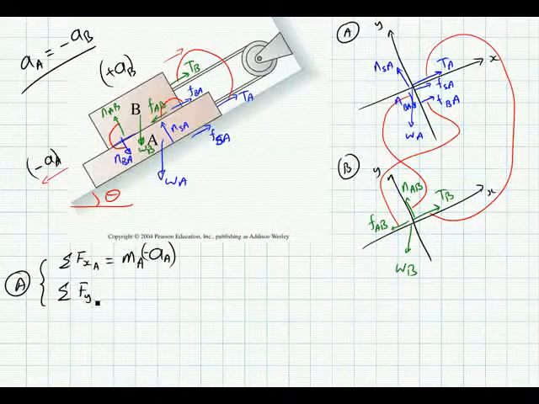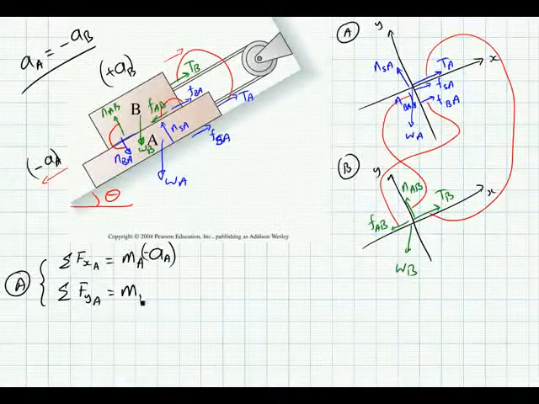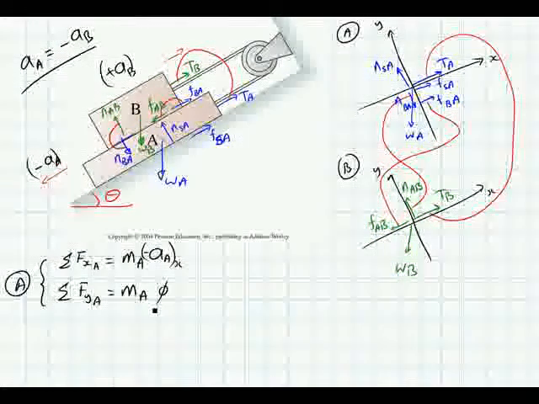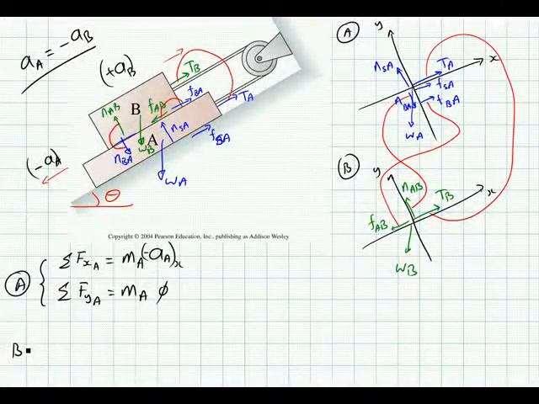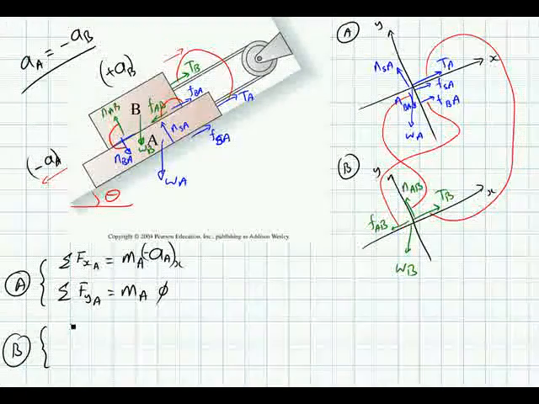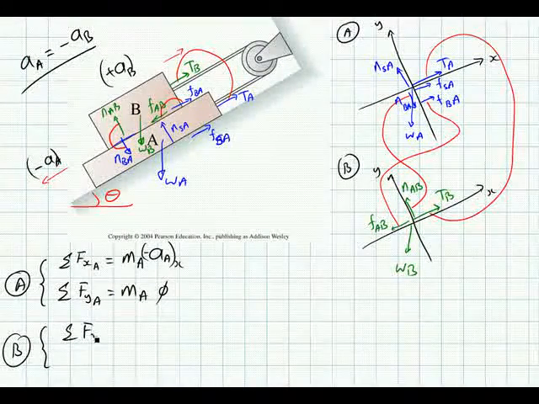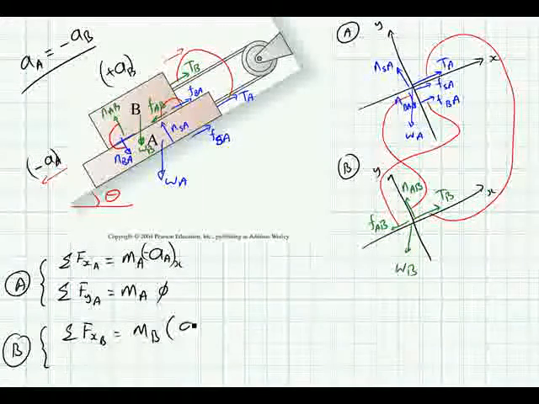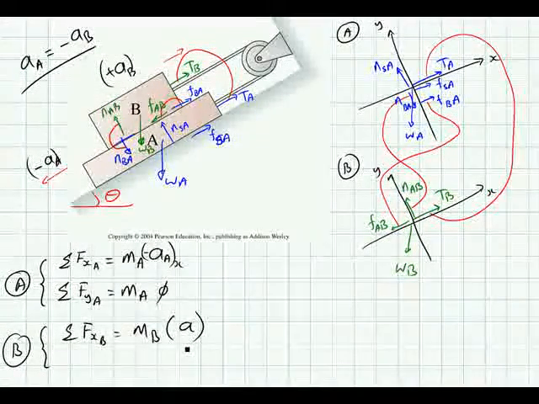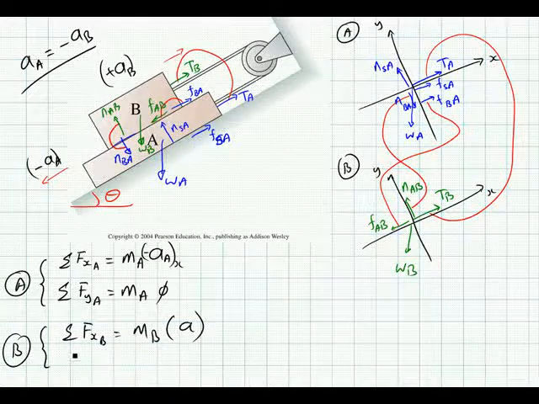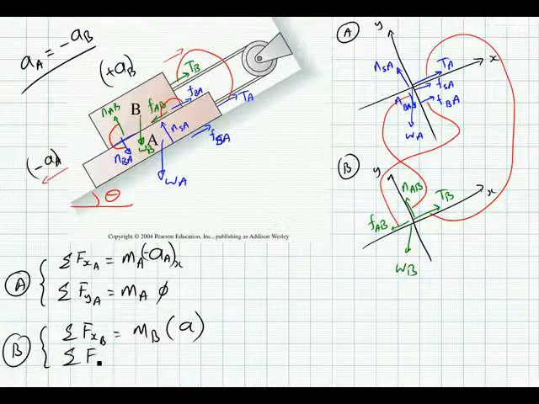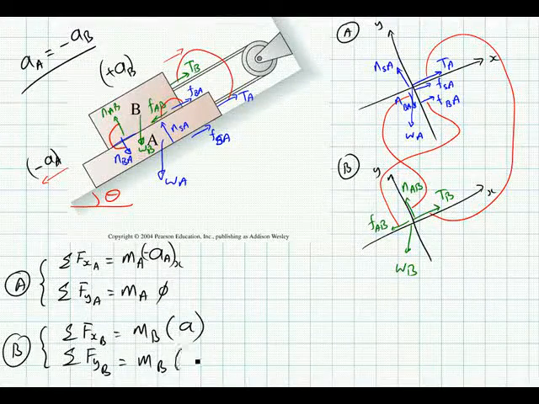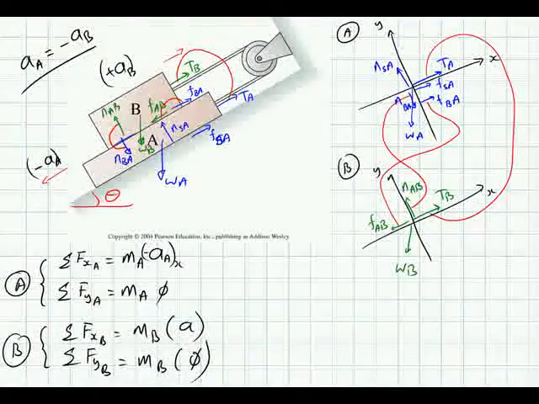Similarly, you do the sum of the forces in the y direction on A, which is equal to mass of A times acceleration of A in the y direction, which is simply 0. And you repeat the analysis for object B: sum of the forces on B in the x direction is mass of B times acceleration of B, which we just called A, and sum of the forces in the y direction on B is mass of B times 0, since there is no acceleration in the y direction.